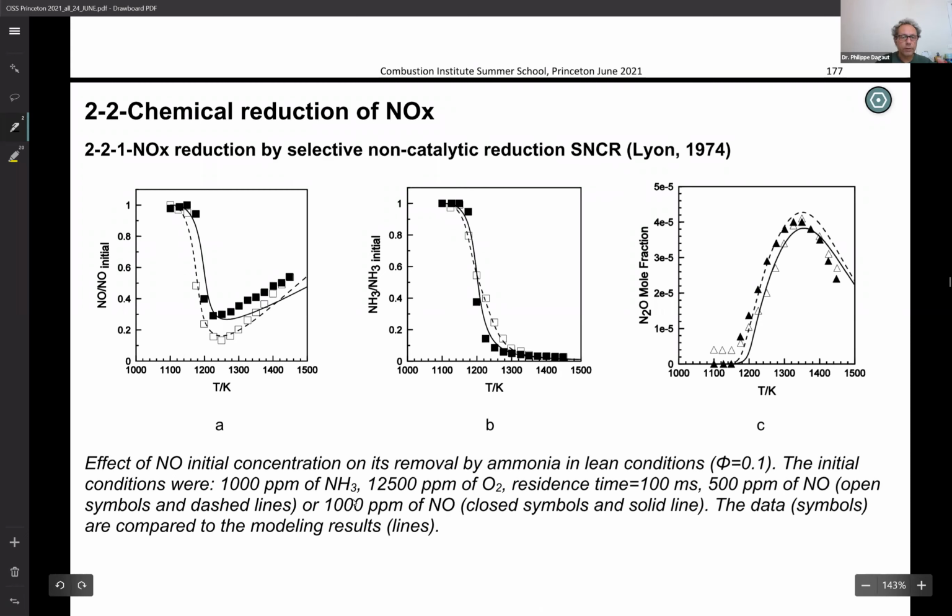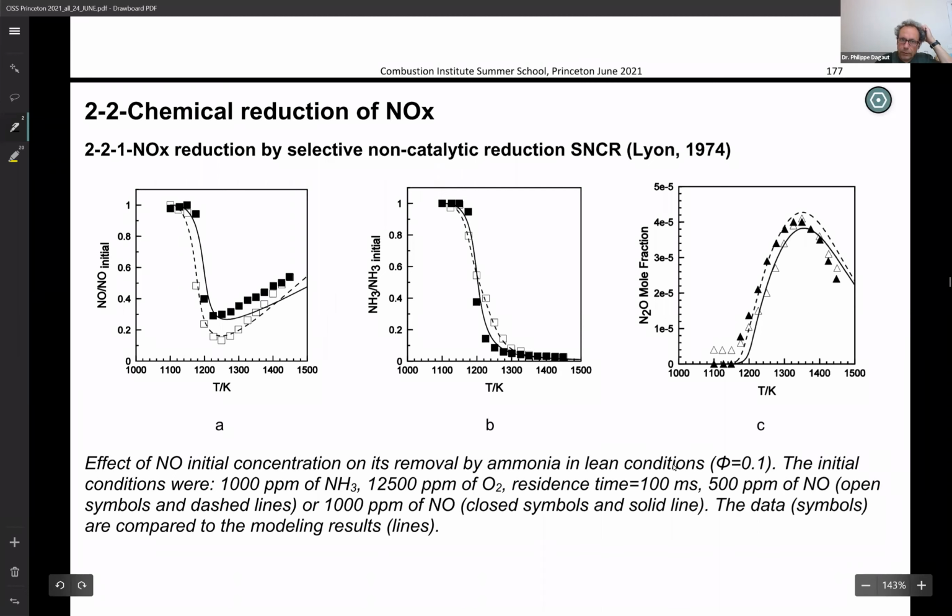The initial concentration here were 1000 ppm of ammonia, residence time of 100 milliseconds, and we used 500 ppm of NO for the open symbols, and 1000 ppm of NO for the closed symbols, the black symbols.